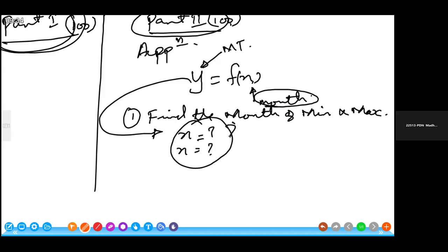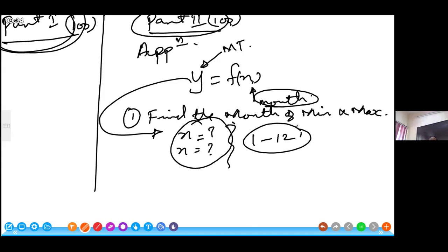Yes, so 1 to 12 is possible. Sometimes in the exams I have seen a value like x equal 20. It is not logical, is it? You don't have a value x equal 20.